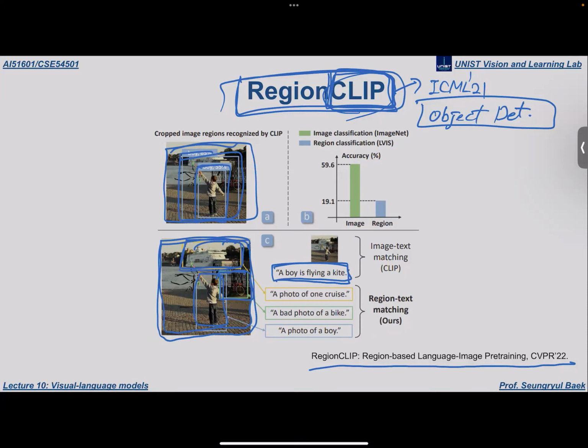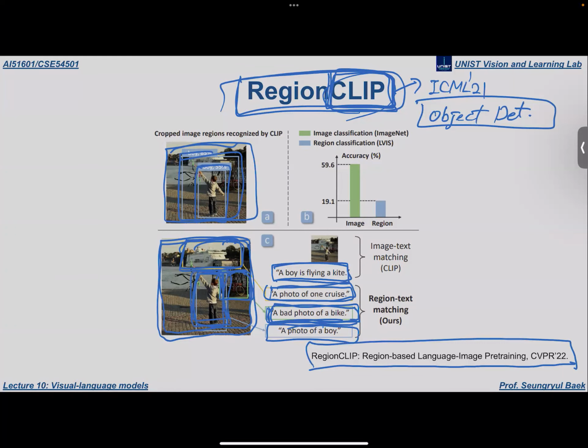But for individual boxes, we may have to redesign the text prompt like 'a photo of a cruise,' 'a photo of a bike,' or 'a photo of a boy.' The aim of this paper is to align the text description and the regions of the images.